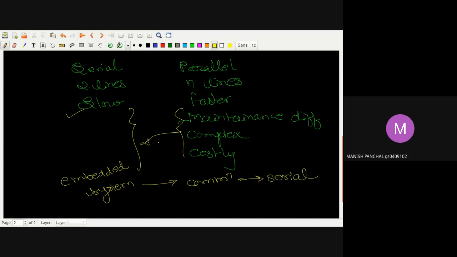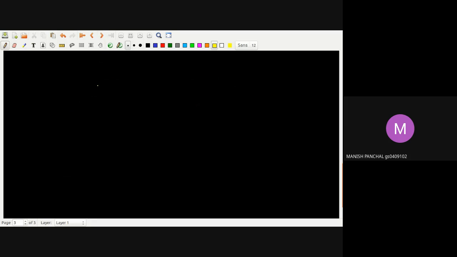Now one question will come into the mind: how will we get the data serially? For example, suppose I have one device, and that device is generating the data in parallel, 1, 2, 3, 4, 5, 6, 7, and 8. So this data is available. For example, this is my D0 bit and this is my D7 bit.